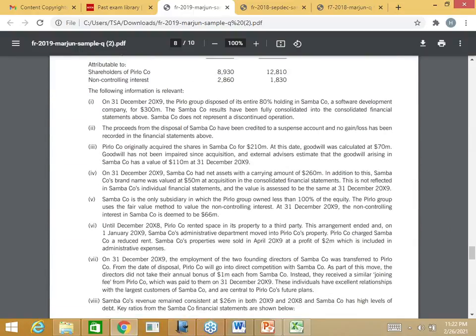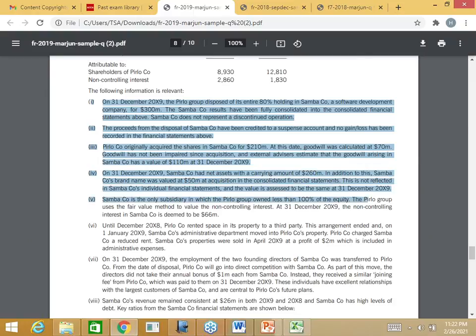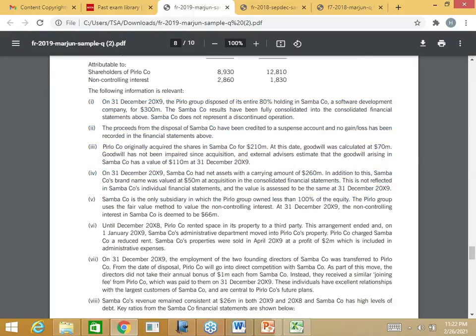So again, when you read these notes, you will be given the data for the calculation of gains and losses. It will always be given to you. But if it is not given to you, you only need to add the post-acquisition profit.